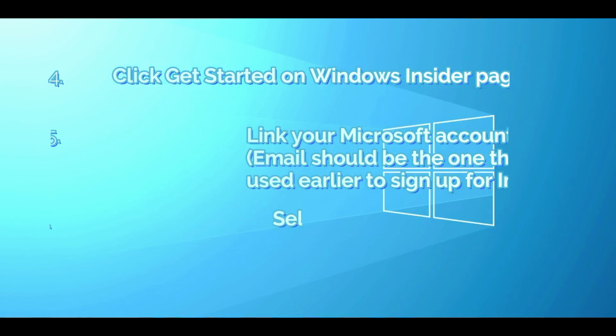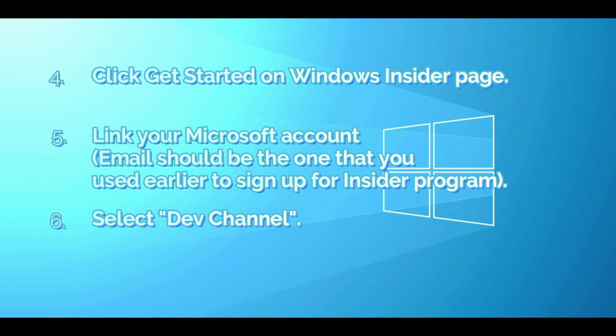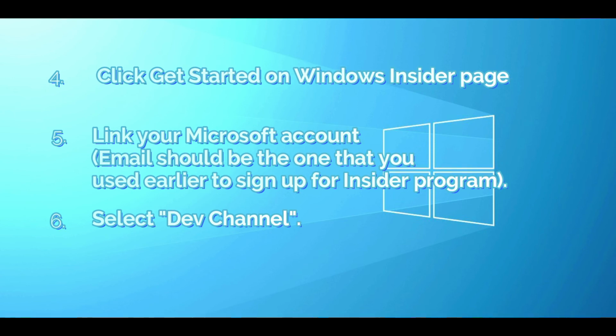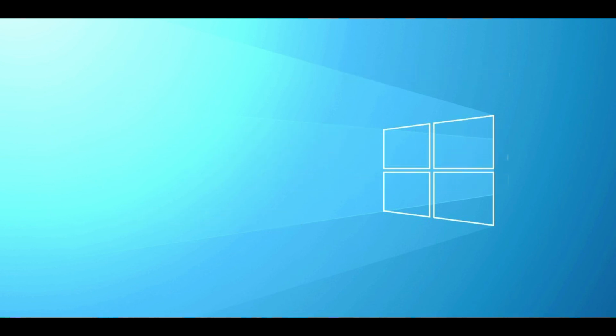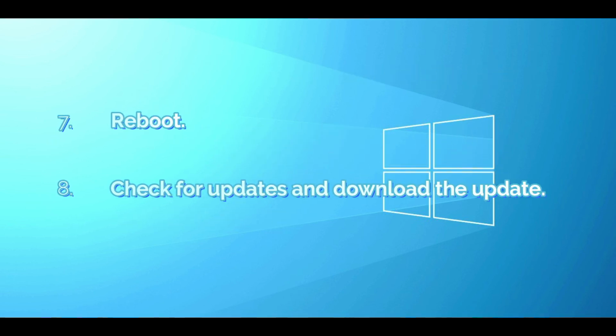Click Get Started on the Windows Insider page. Link your Microsoft account. The email should be the one that you used earlier to sign up for the Insider program. Select the channel. Reboot. Check for updates and download the update.